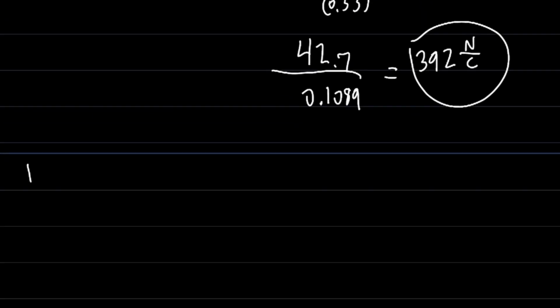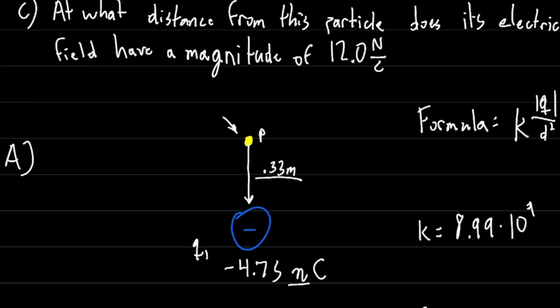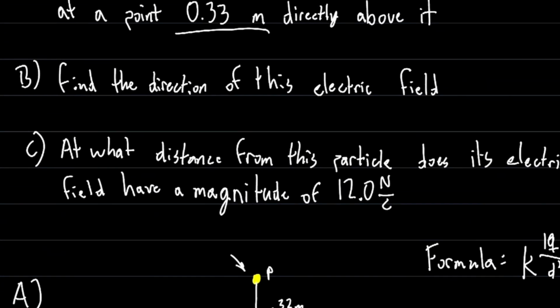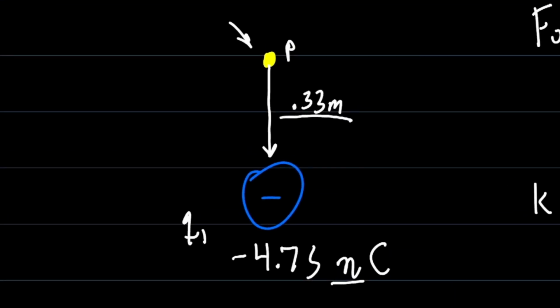So for B, it's asking us to find the direction of this electric field. And when we're looking at it, I think I already said it earlier, but we can see that since P is positive, it's going to attract to the negative Q1.